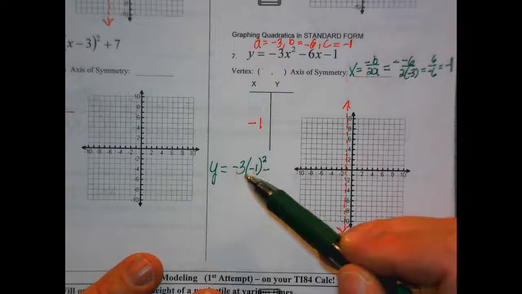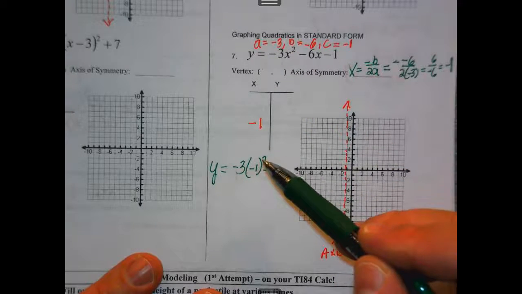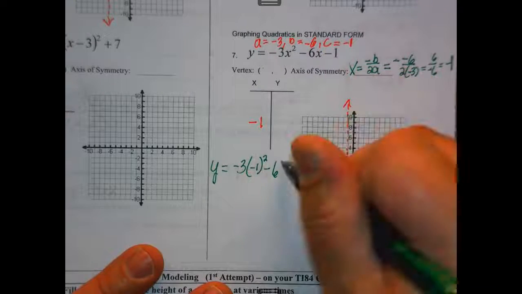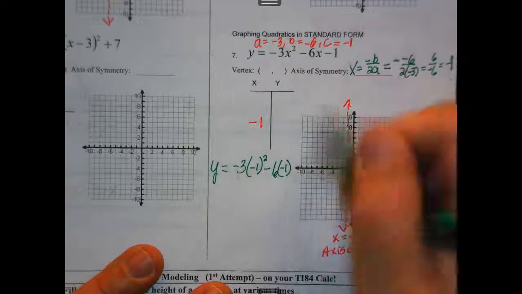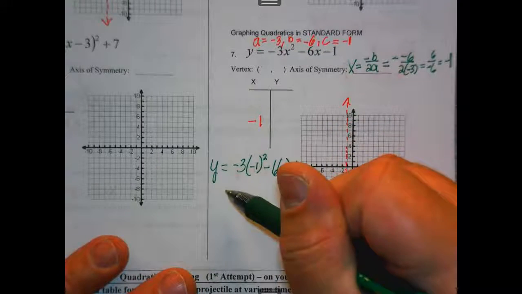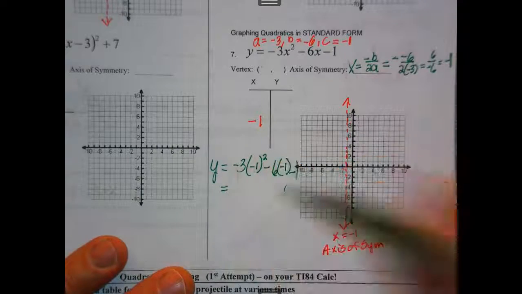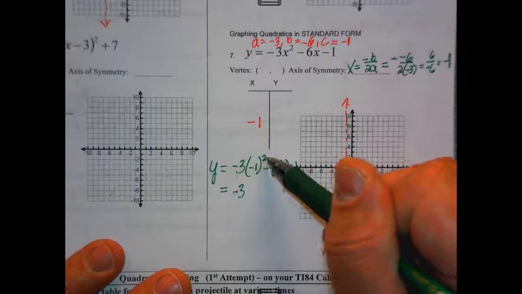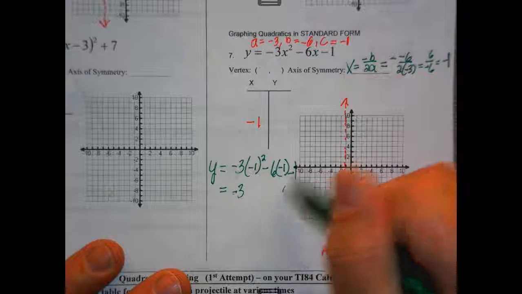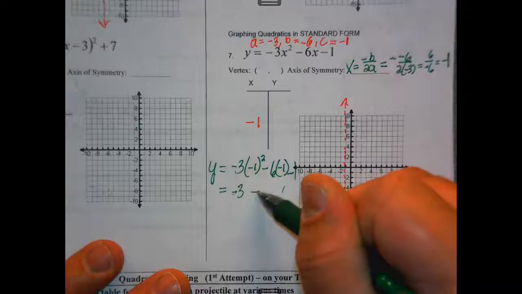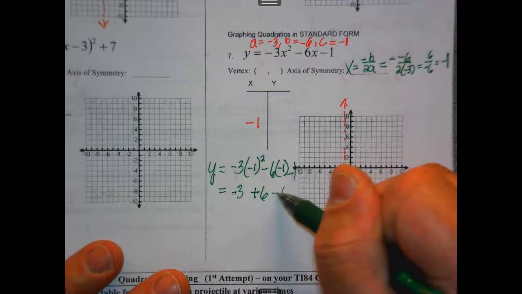See how I got -3 times -1 squared? I got to keep going. -6. I'm going to plug in -1 for x. And then just solve for y. Let's see, 3 times -1 squared is 1, just 1. -6 times -1 is +6 minus 1.